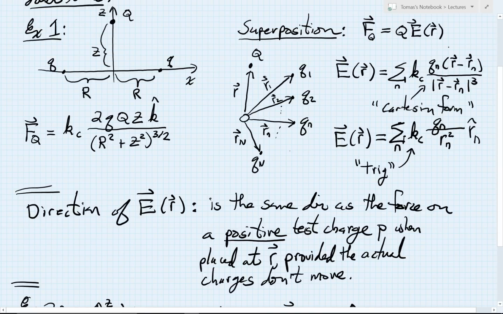And you can see here what the relationship is going to be. The electric field at that location, via this formula, I can solve for it. It's just going to be the force on my charge capital Q divided by capital Q. That would lead me to the electric field. So my job will be to take this formula for the force and divide it by capital Q, which will cancel the one factor of capital Q in the numerator.